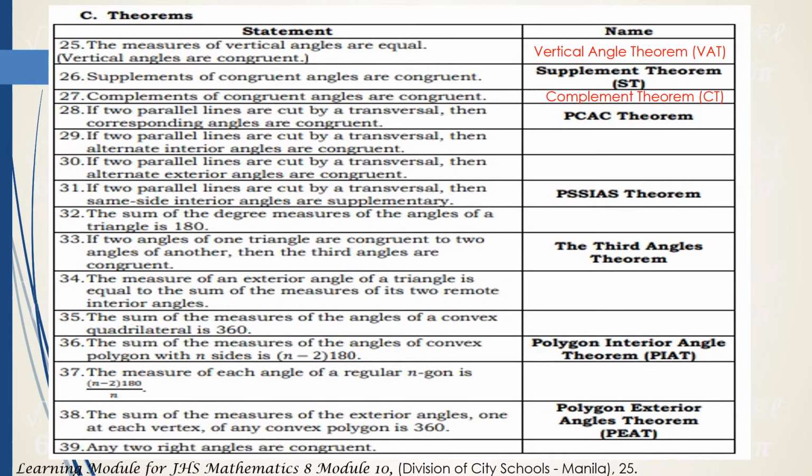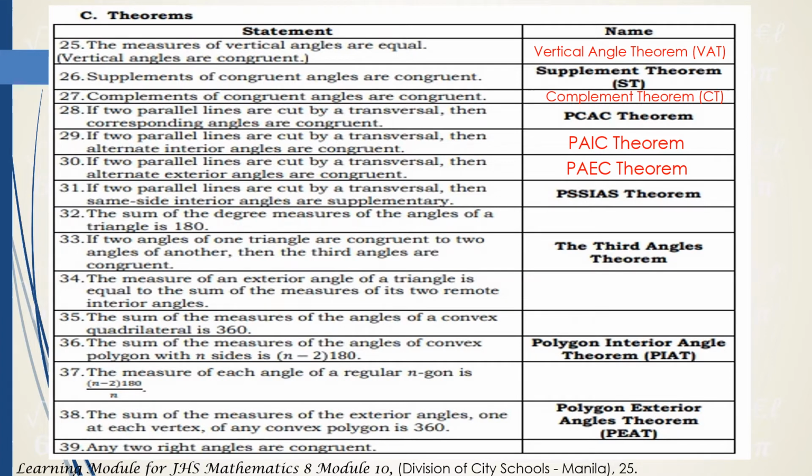So, ang ibig sabihin ng PCAC ay para doon sa parallel lines, no? If parallel lines cut by a transversal, therefore, its corresponding angles, yung CA niya ay corresponding angles, and then congruent, PCAC. And we also have the PAIC theorem. For parallel lines cut by a transversal, yung kanyang alternate interiors are congruent.